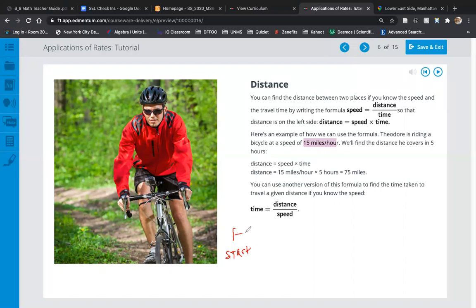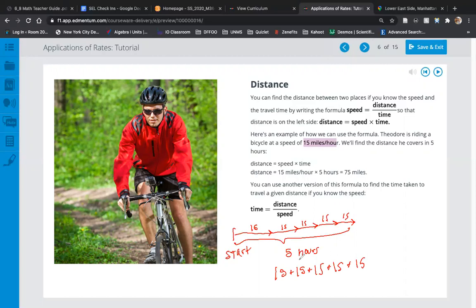After 1 hour, he's gonna go 15 miles. Second hour, he goes another 15 miles. Third hour, he goes another 15 miles. Fourth hour, another 15. Fifth hour, another 15 miles. So this whole thing here is how far he's gonna go in 5 hours. And it's really just 15 plus 15 plus 15 plus 15 plus 15, right?